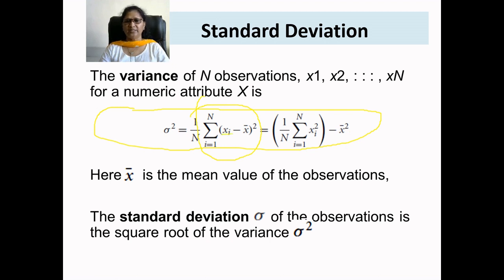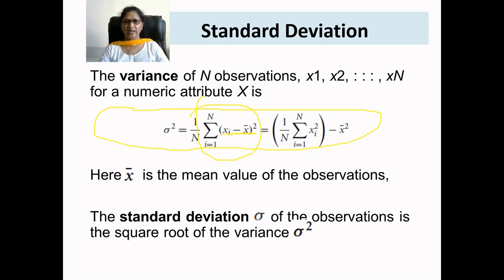Every xi we subtract the mean from, we square that difference, then take the sum and then the average.